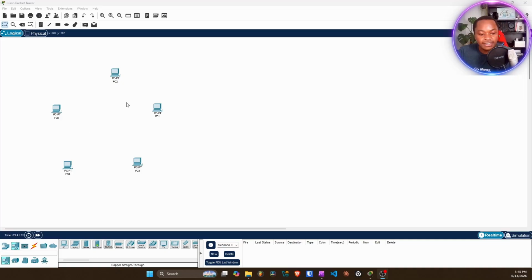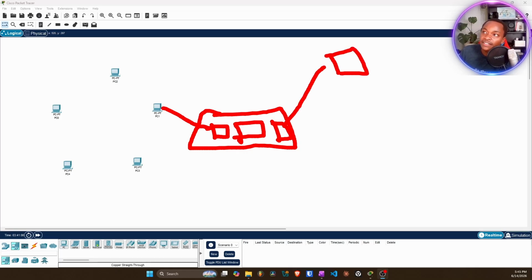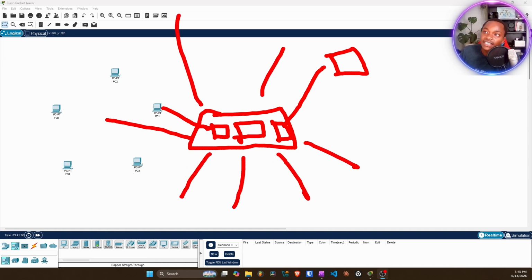If I just come and connect to the hub, so if that hub is right there with all those ports, and all the other computers have connected to it, and I'm a hacker and I just connect my computer right here, then if the hub broadcasts whatever a computer is sending on the network to all the other computers on the network, I'm able to get that information that I'm not supposed to get.